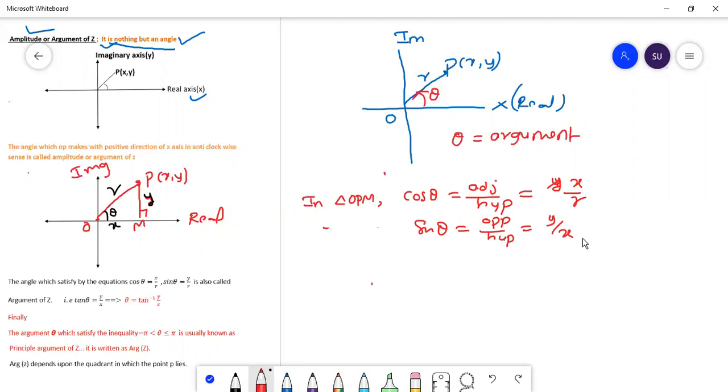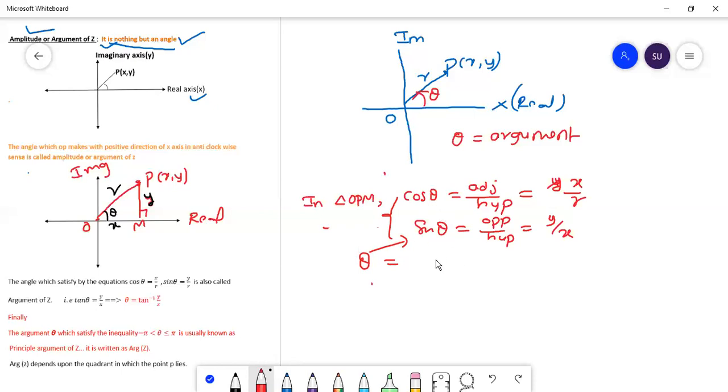So another definition of argument: the value of theta which satisfies these two equations is also called the argument of z.